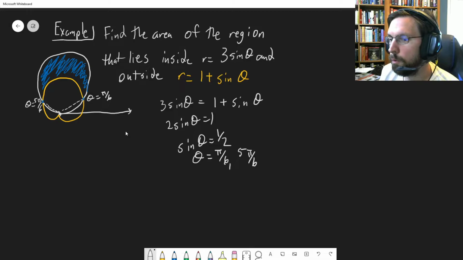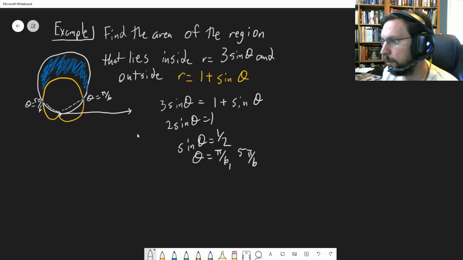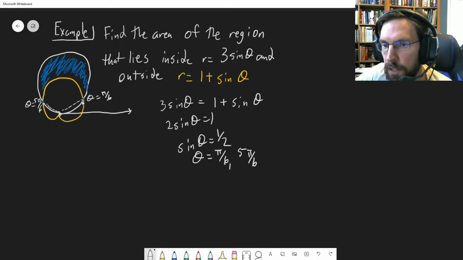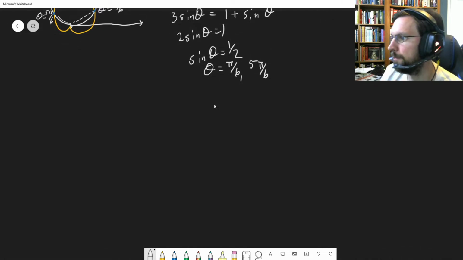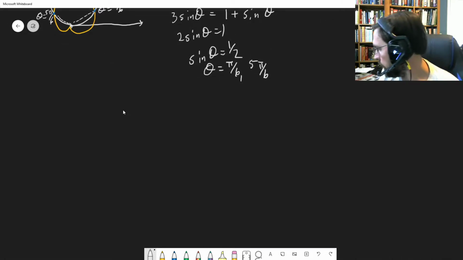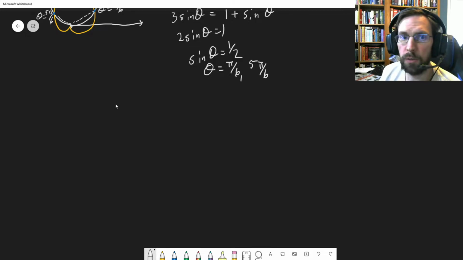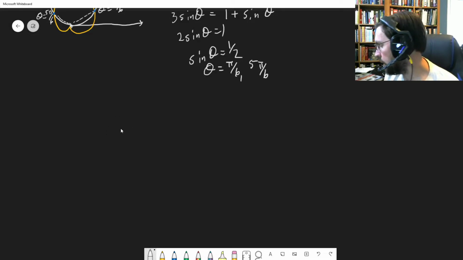Okay, so what we're going to do to find this blue area here that I've marked off is going to look very similar to what we did when we did the disk washer method. We're going to find the area enclosed by the white curve, and then we're going to subtract off the area enclosed by the yellow curve.